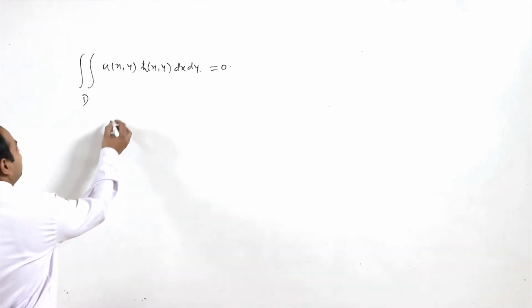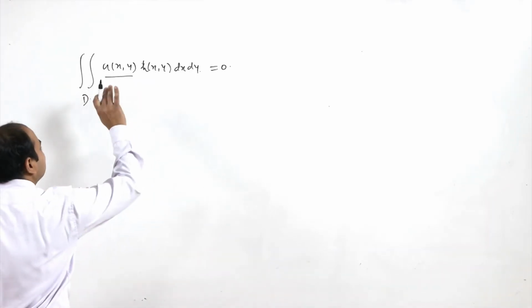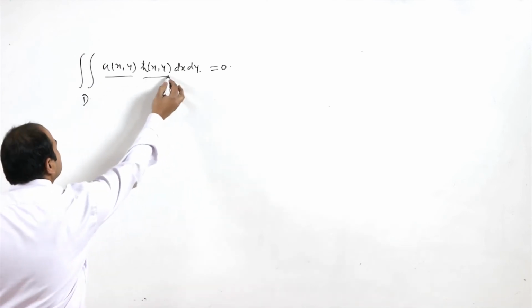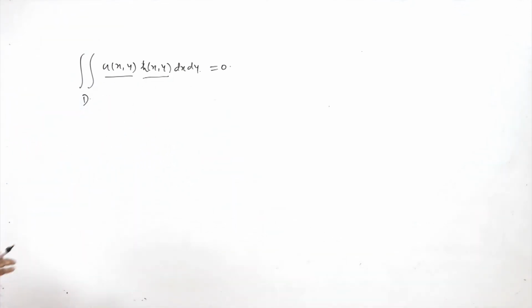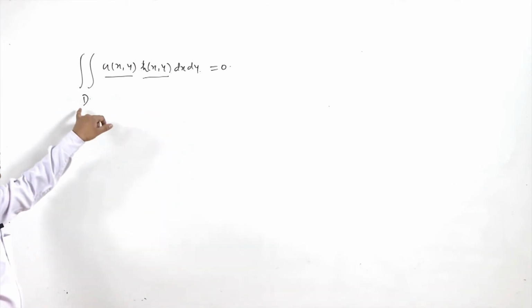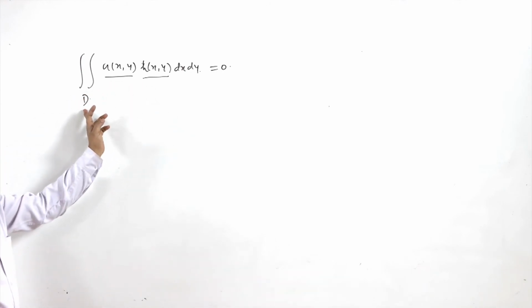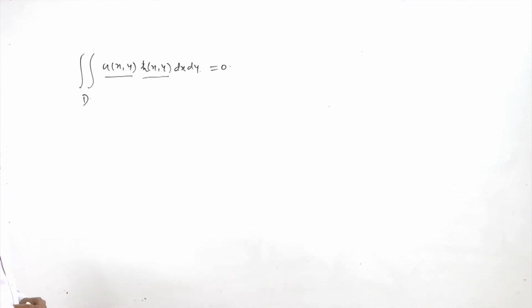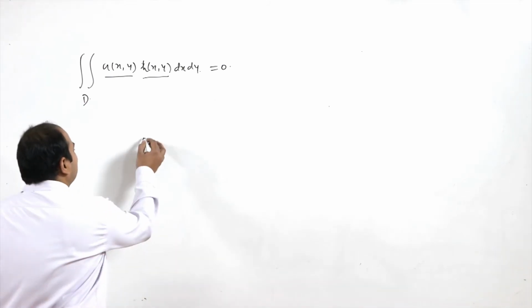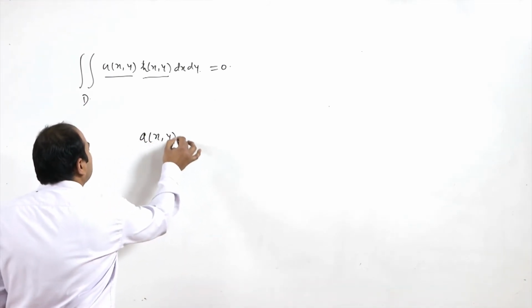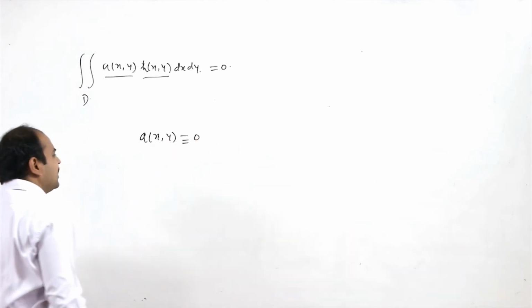Our claim is that if A(x,y) is a fixed continuous function and h is a function whose first and second order derivatives are continuous on the domain D, and it vanishes on the boundary of D, then A(x,y) is identically equal to the zero function.